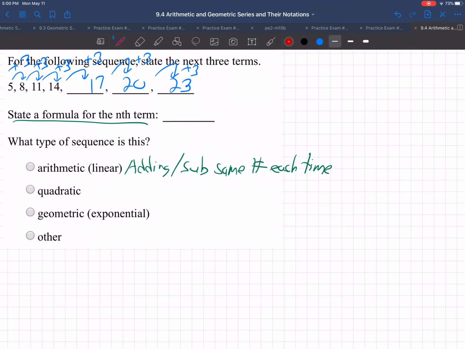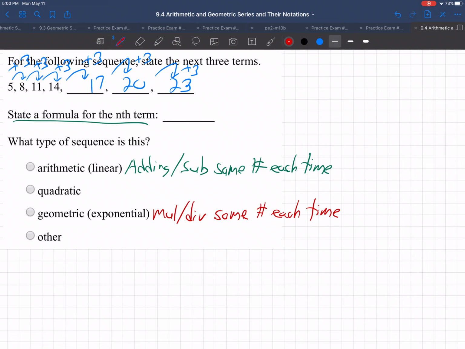And geometric is when it's multiplying or dividing the same number each time. Quadratic and other cases are more complex. We're just going to go with, it's either going to be arithmetic or geometric, or it could be neither. I'm not going to give you quadratic.